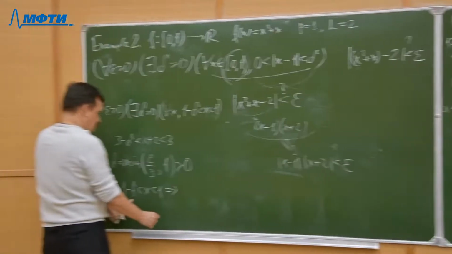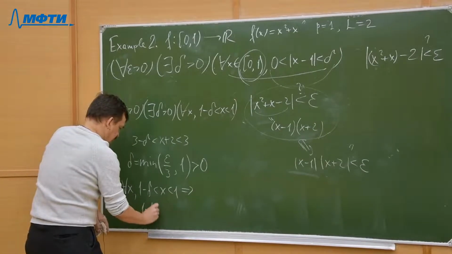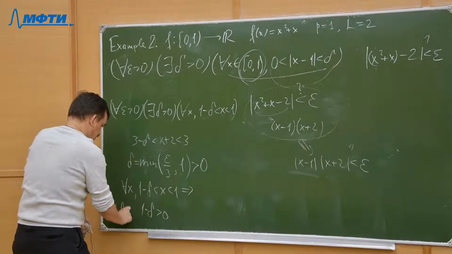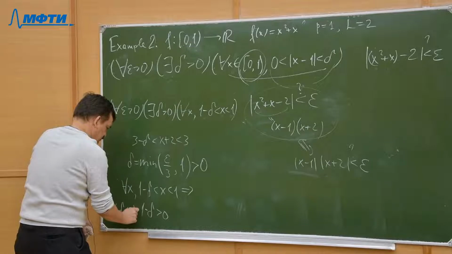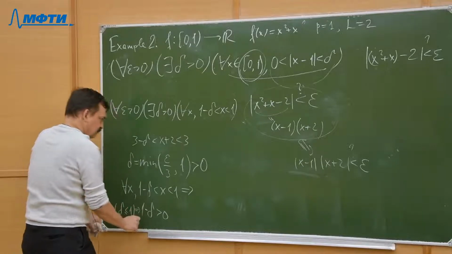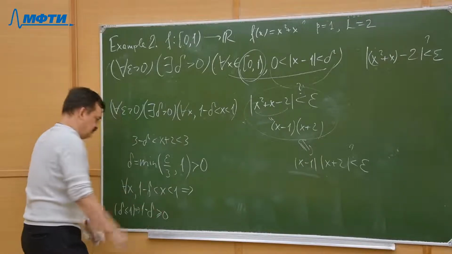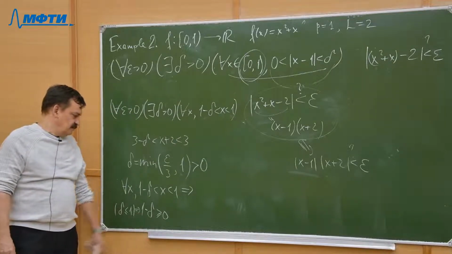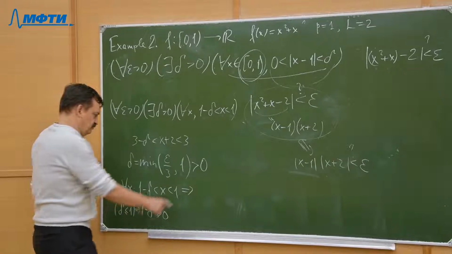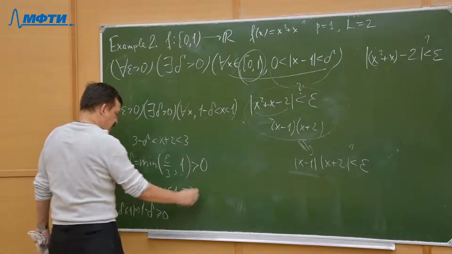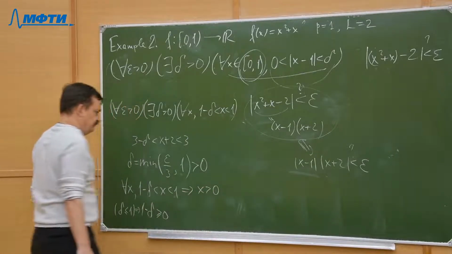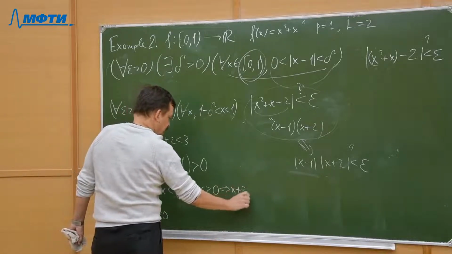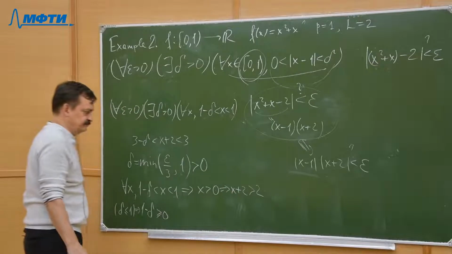Then 1 minus delta is greater or equal to 0, since delta is less or equal to 1. So it follows from this double inequality that x is greater than 0, hence x plus 2 greater than 2, right?